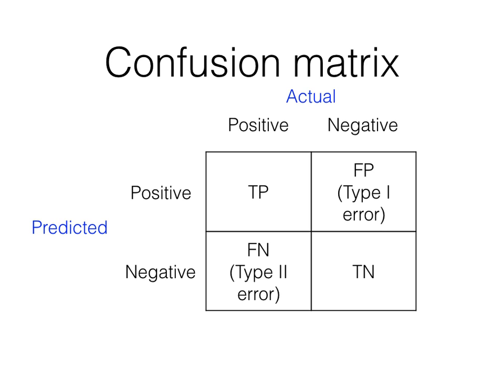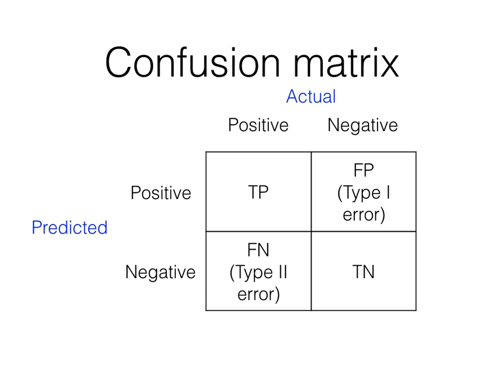Along the columns, we've got what the actual data has. So we're usually comparing the predictions on some test set. So the columns will have numbers that are associated with the actual number of positive data points in the test set and the actual number of negative data points in the test set.